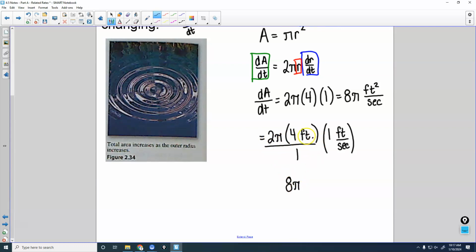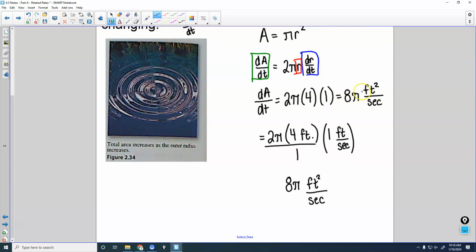But look at your units. You've got feet times feet, which gives you feet squared, and on the bottom you just have seconds, so feet squared per second. Okay? And this always works, like every problem that we do, though sometimes it gets complicated, so students don't like to do it. I know when I had physics, our professor would make us put the units in the problem, which gives you one more thing you have to look at. You are not required to do that.